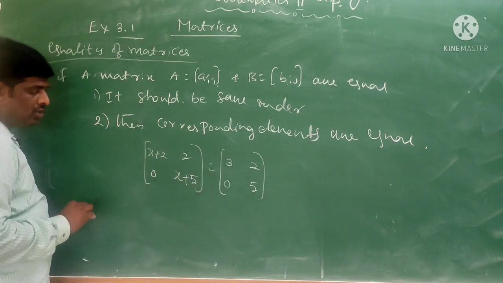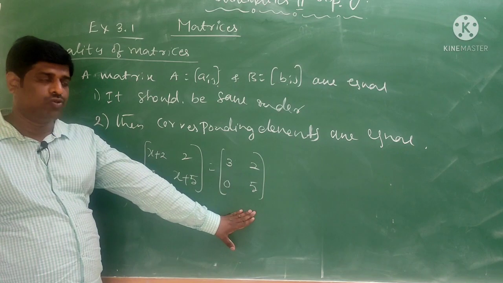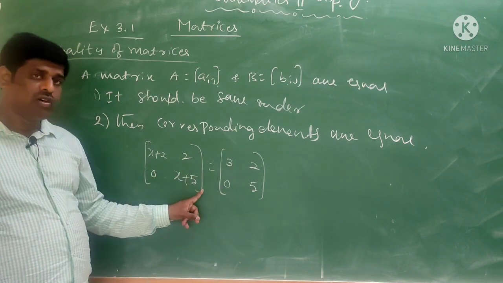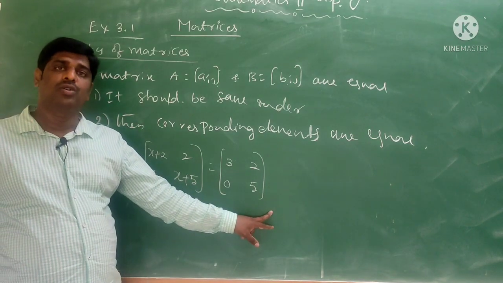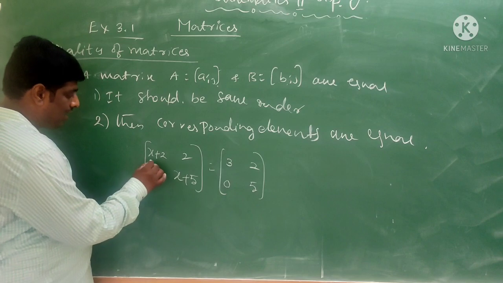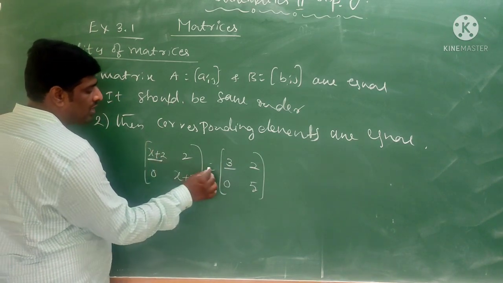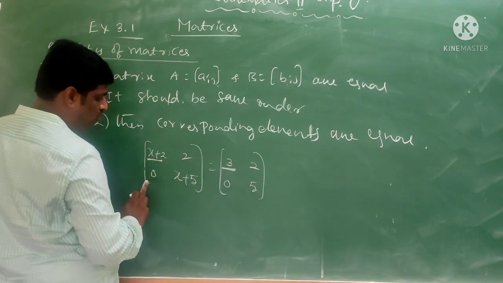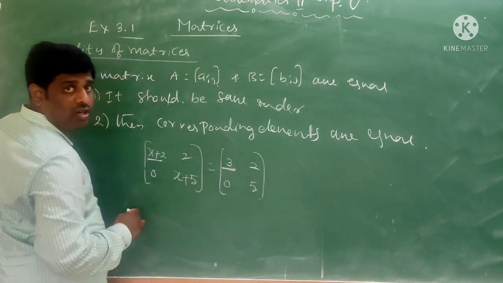See children, it should be the same order. This is the A matrix, this is the B matrix. Here the order is 2 cross 2, here also the order is 2 cross 2. Then corresponding elements are equal: the first element equals the first element, the second elements are equal, the third elements are equal, the fourth element equals the fourth element.